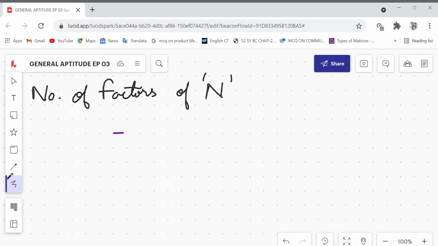Equal to (p plus 1) into (q plus 1) into (r plus 1).